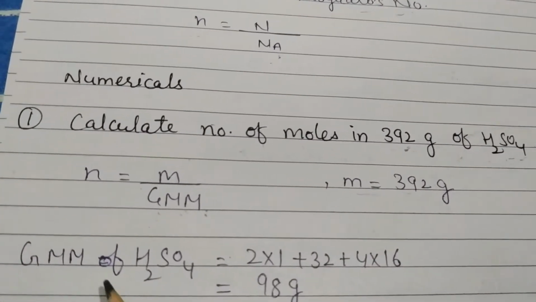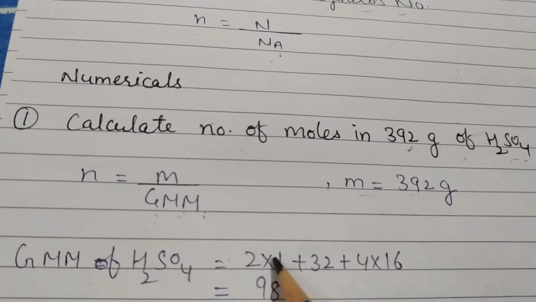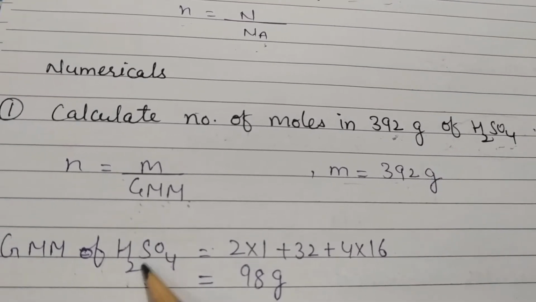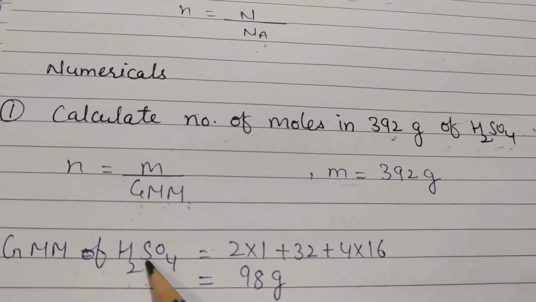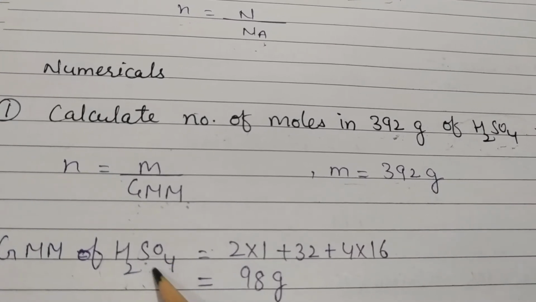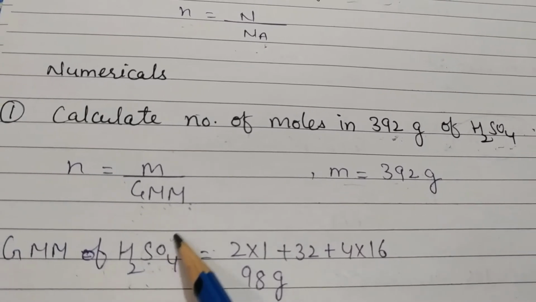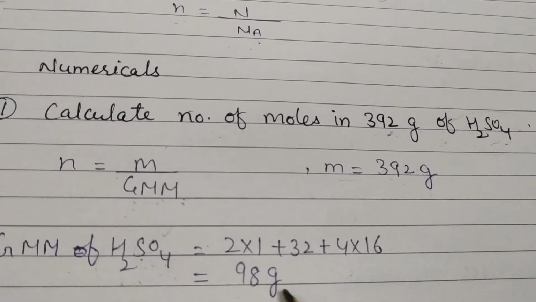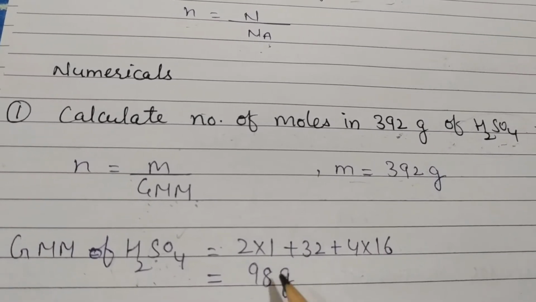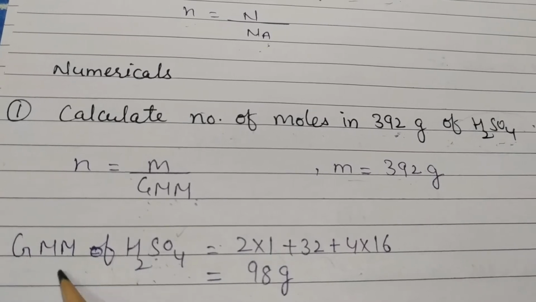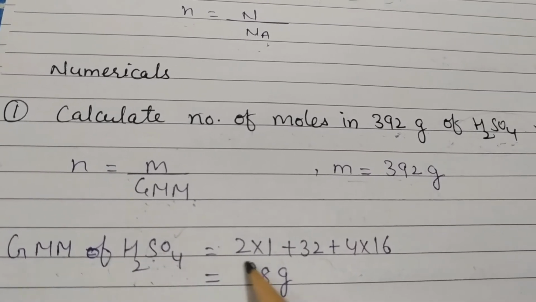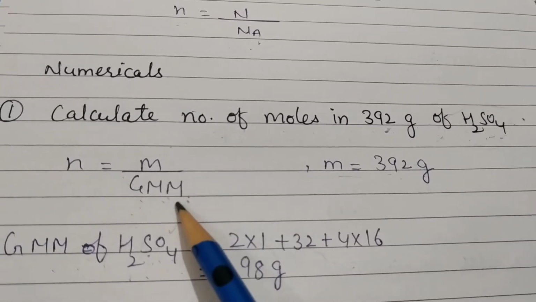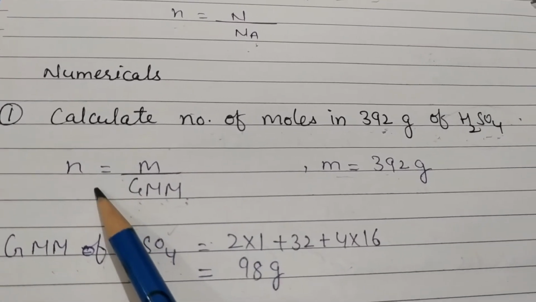So what is the gram molecular mass of H2SO4? That will be 2 into 1 for hydrogen, plus 32 for sulfur, plus 16 into 4 atoms of oxygen, so it will be 98 gram. Now simply put these two values in and we will get our number of moles.